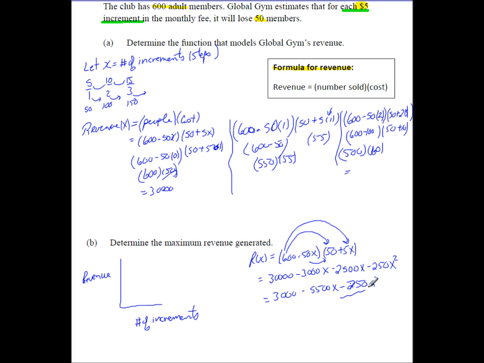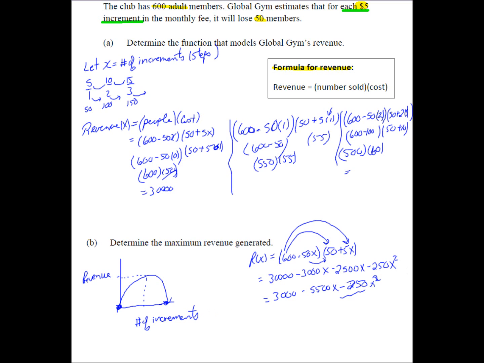So our x squared, our a value is negative 250, so the graph points down, up, down. So we start at 0, and then here. So how many times can you put it up by $5 to get the maximum revenue?